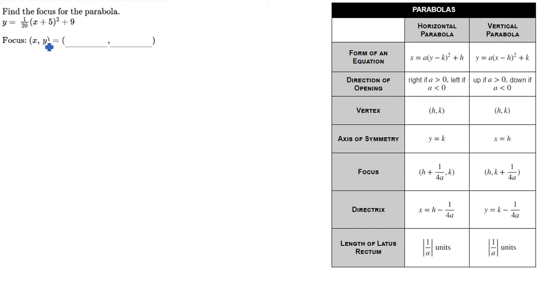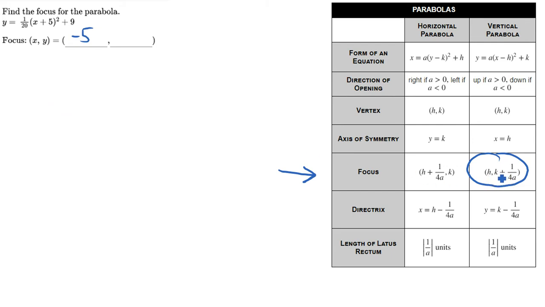Find the focus, okay? So we've got an equation here. Let's find the focus. We're looking right here. And let's see, we've got y equals, so we're using this one. So h is our first part. So h is right inside here, isn't it? So it's 5, but notice the sign's positive, so that means h was actually negative. That's what made that. So this is going to be negative 5 is our x value.